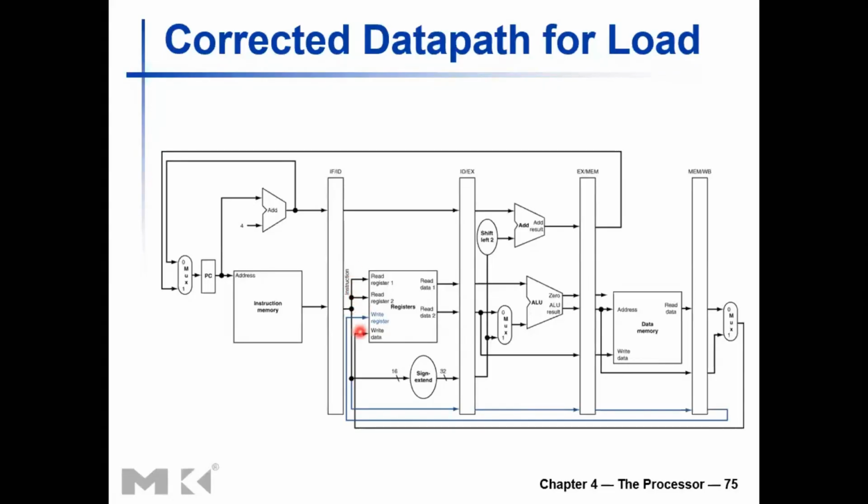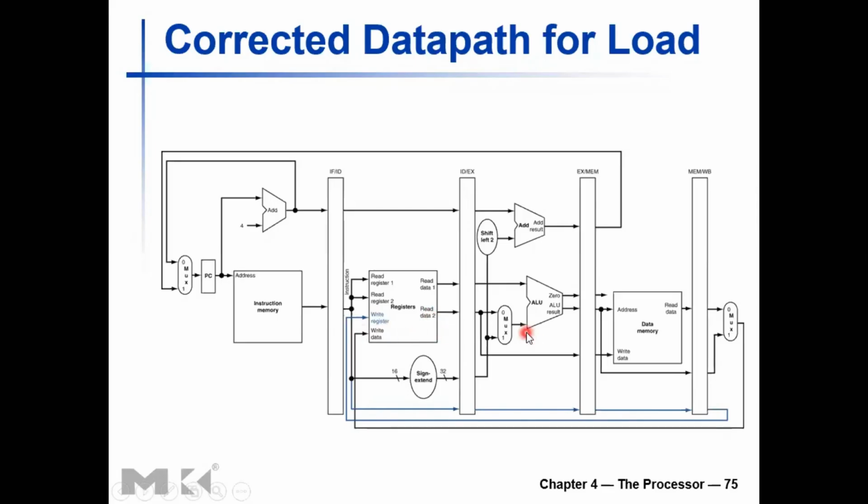So all you need to do is disconnect that previous line we had there and add a new set of lines to propagate that write address through the pipeline registers and use that only in the write back stage.